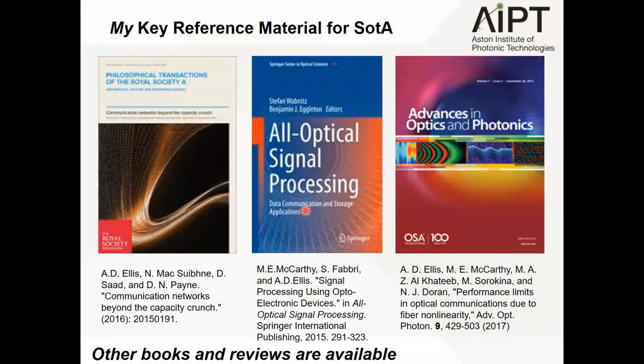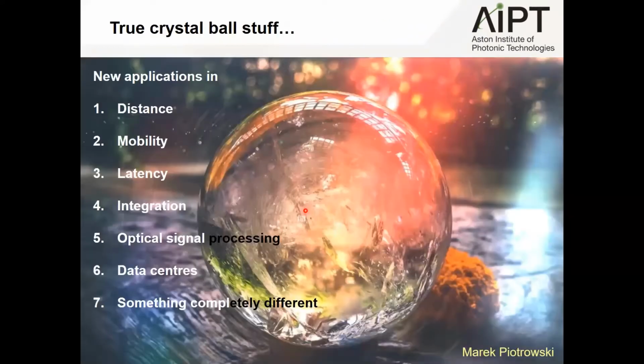So other things there. And of course, there are lots and lots of other books and reviews on these topics that you could go for. I'm just plugging my own. So that's what's going on at ECOC at the moment. That's the sort of area I'd expect to see research proceeding in the next 5 years or so.